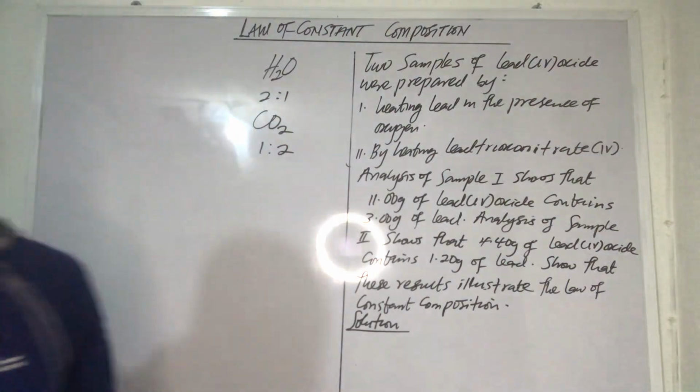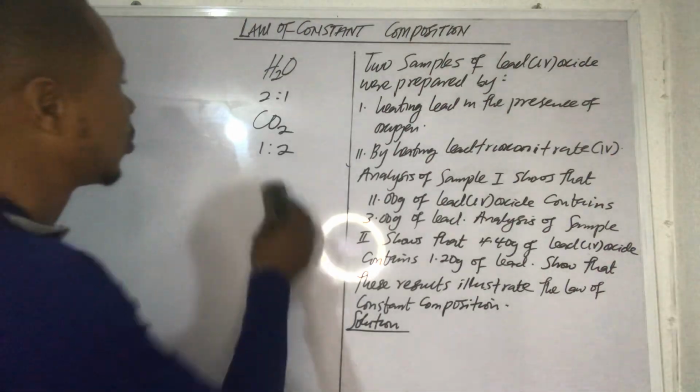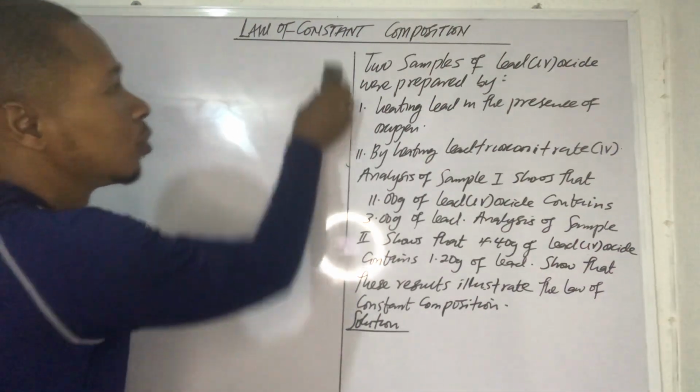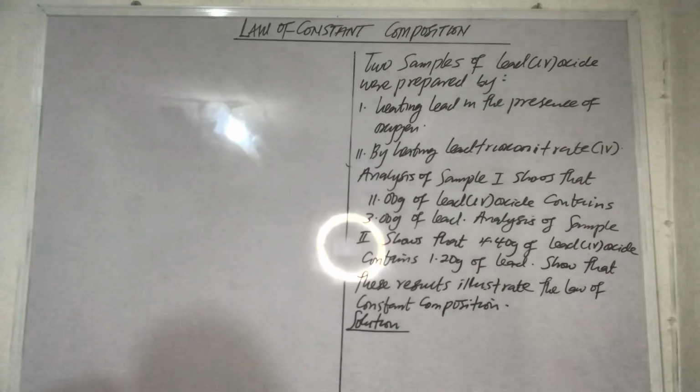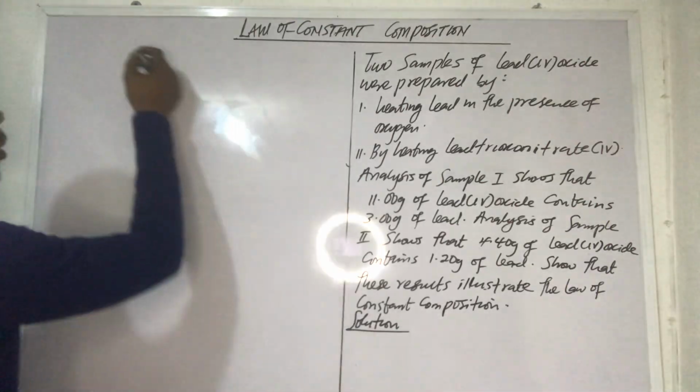So how do I use this to show the law of constant composition? We first make a table of 4 columns, like this.